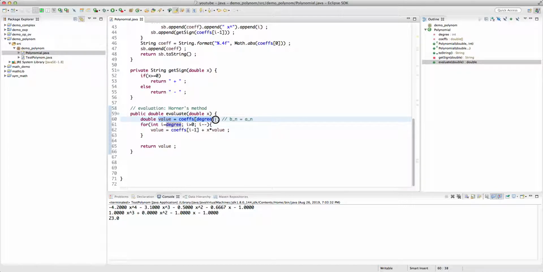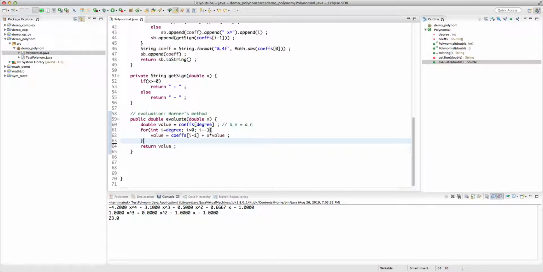We started with the last coefficient, and in each step we multiplied the current value by x and added the previous coefficient, and we just repeated this basically n times. Okay, and then this basically implements Horner's method.